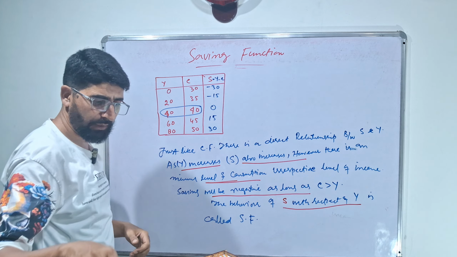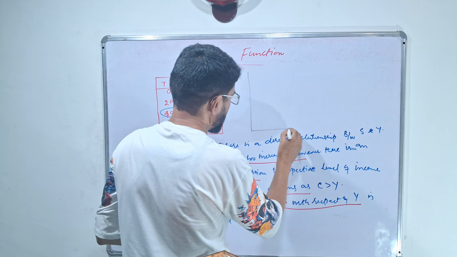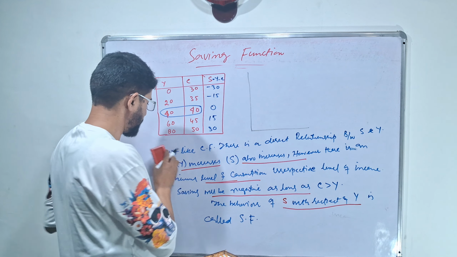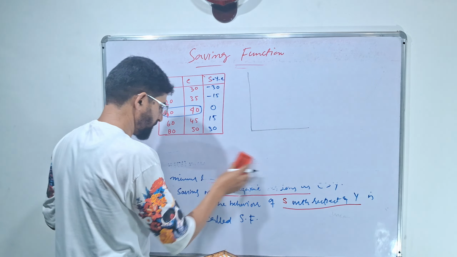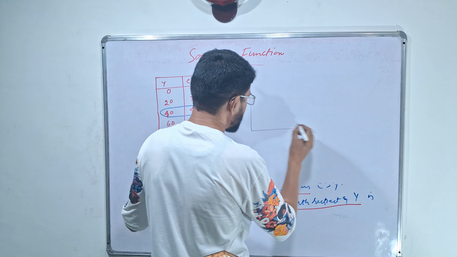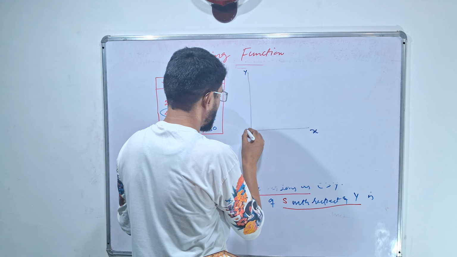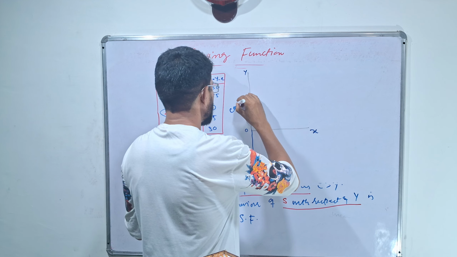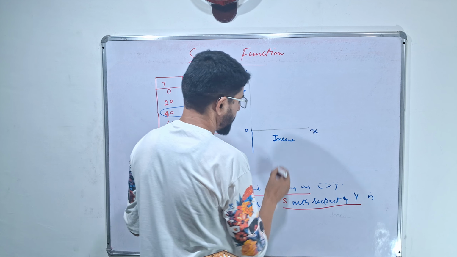Now as per this, I will draw the diagram. Here will be X, here will be Y, here will be 0. This is consumption, this is the level of income.